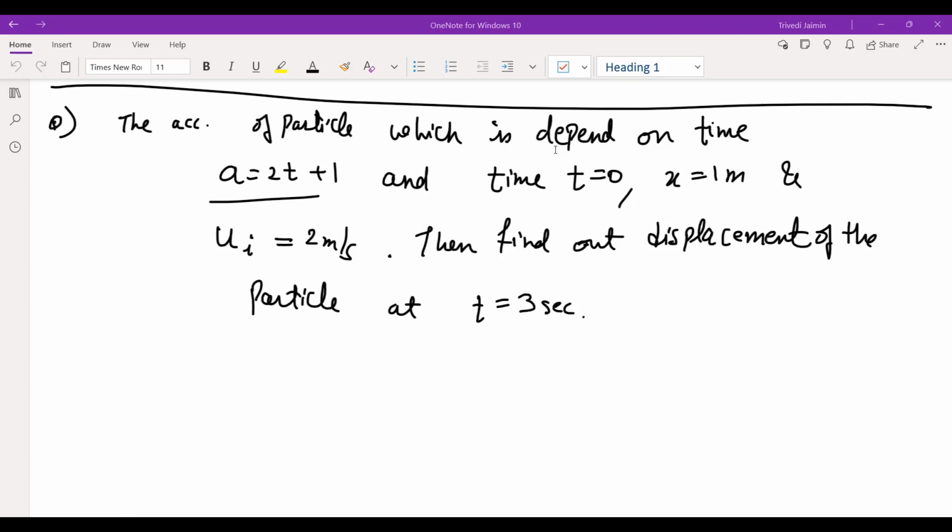And what you will do with that x equals to 1? I found velocity to be 11, so then dx by dt is 11. Okay.